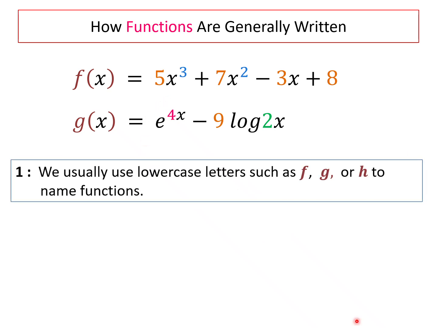So we follow one convention to name these. We start the name with a small letter or lowercase letter like f, g or h, and so on, to name this function.